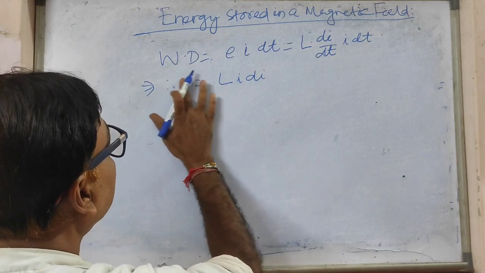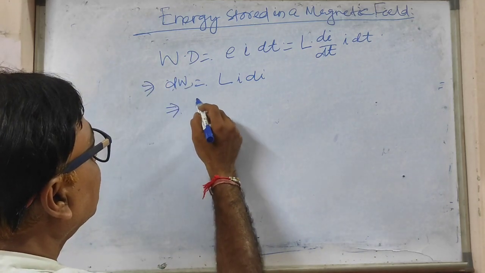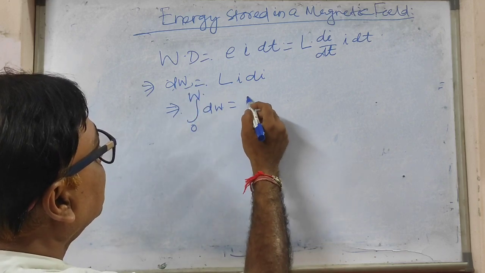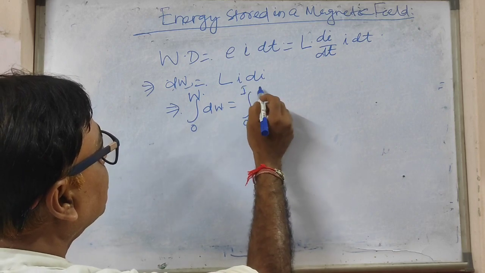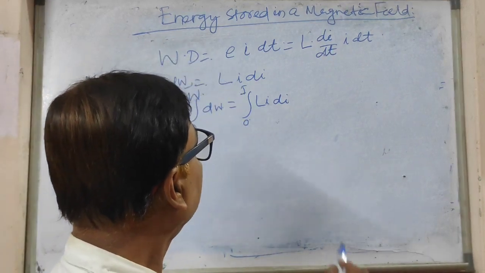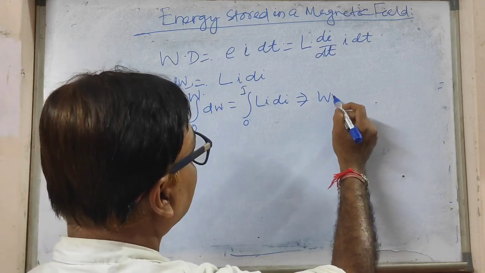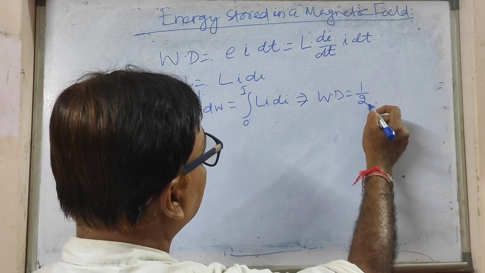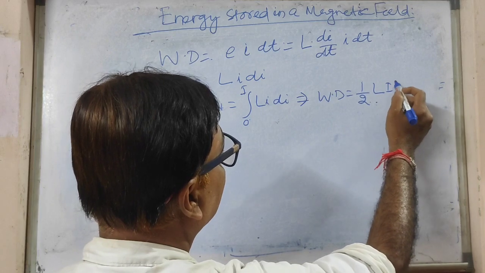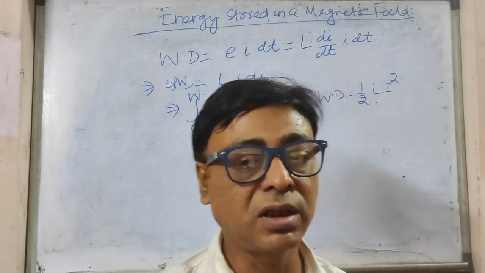If we want to find the total work done, we take the integration from 0 to W, and the integration of L I di, with the limit of I from 0 to capital I. That gives W, the work done, equal to half L I square, since L is a constant. So this much joules, because the unit of work done is joules.